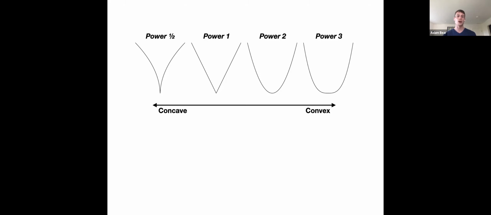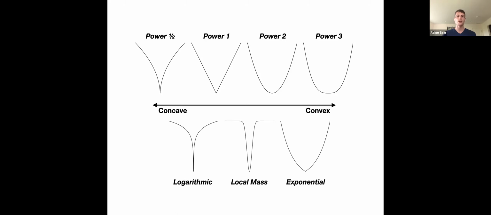Power 2 would be the common mean squared error. Power 3 would be even more convex than that, where large deviations really matter. And if you care about the math, you can think of the magnitude of the second derivative, when this function is positive, as indicating what we mean by convexity, where larger second derivatives are more convex in our language.